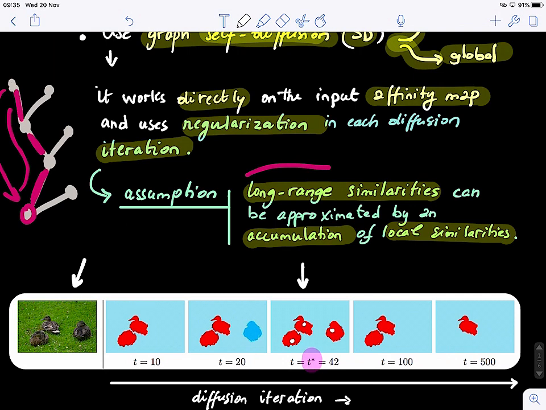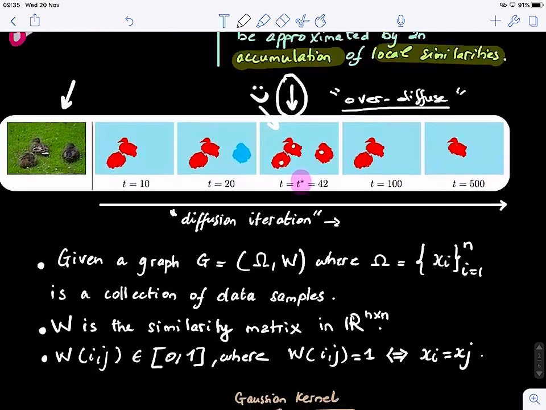But if you over diffuse, then your result will actually worsen. So there is some cutoff, a particular number of iterations, where your model will give you exactly what you want.